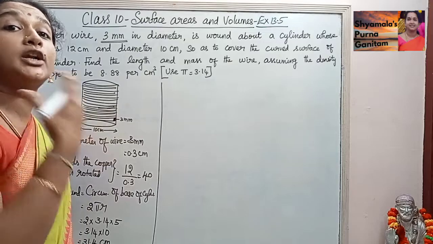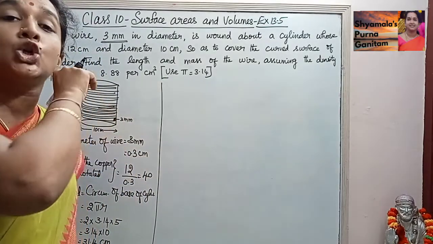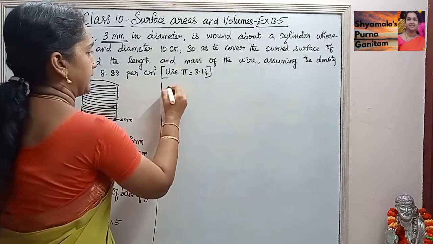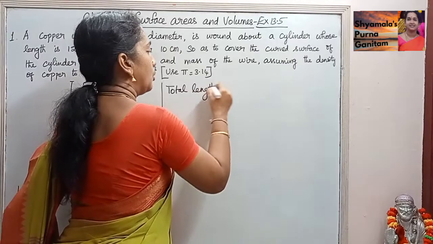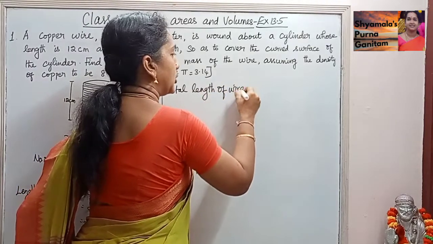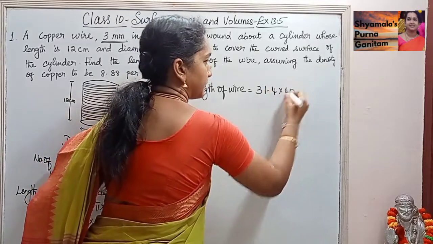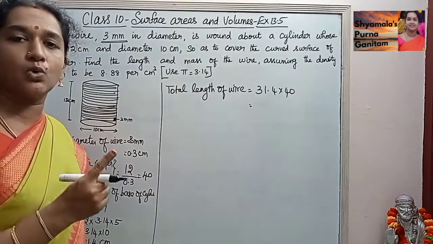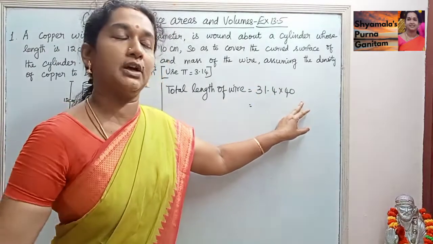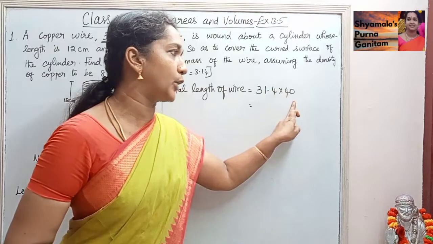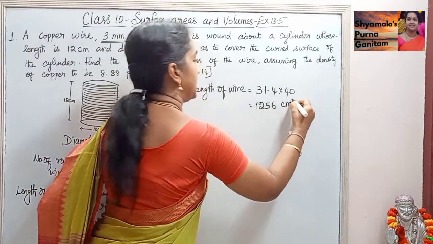So the total length of the wire is 31.4 into 40, which gives us 1256 centimeter.